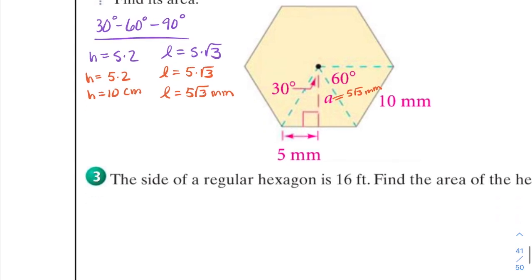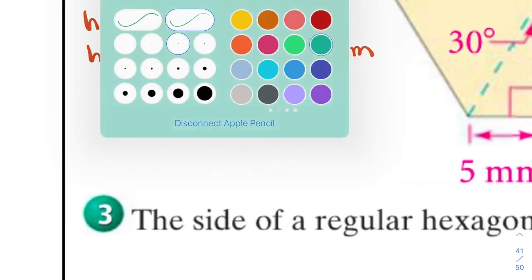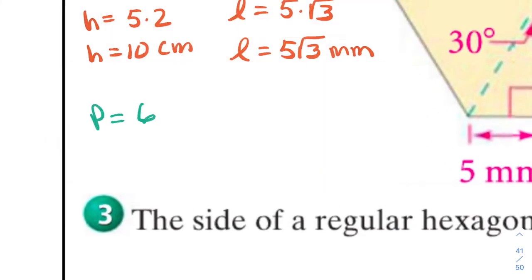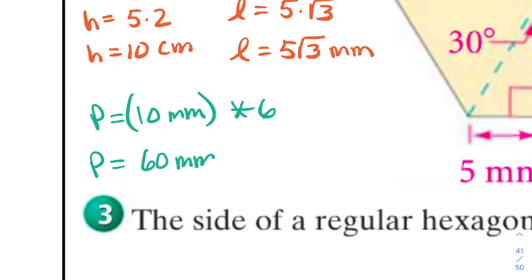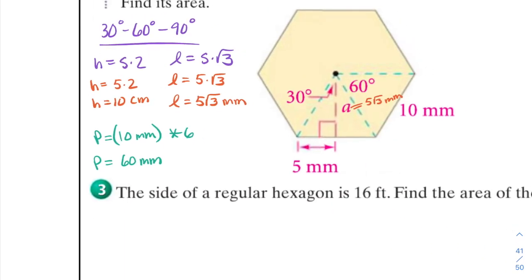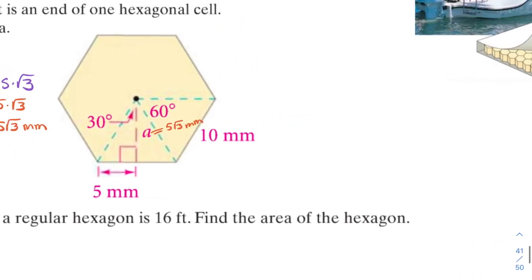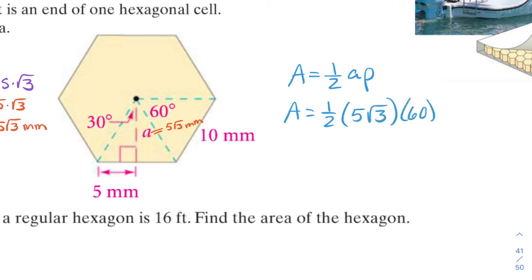The perimeter, we have a side length of 10, so perimeter is 10 millimeters times 6 sides. So perimeter is 60 millimeters. So now area is equal to 1/2 apothem times perimeter. So area is equal to 1/2 5 square root of 3 times 60.